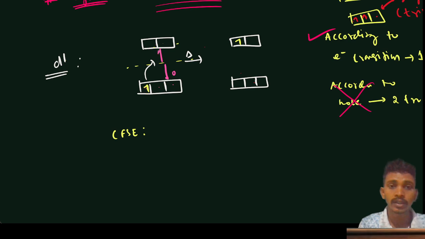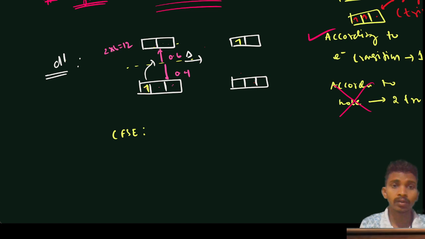If I multiply 3 orbitals by 4, and here 2 orbitals by 6, then in both the cases I will get 12. So here I multiply by 0.4, here I multiply by 0.6, so that in both the cases I will get the same value.